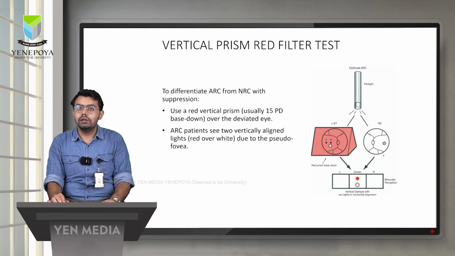In the left eye, the pseudofovea is more nasal to the true fovea. That's why we get the image from the left eye superiorly and the image from the right eye inferiorly. But there is only a vertical deviation and no horizontal deviation.